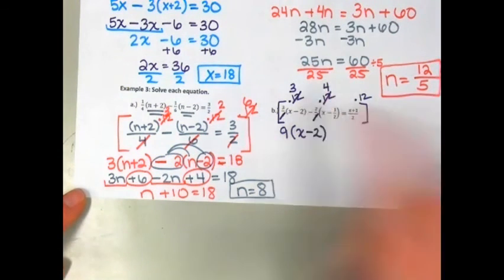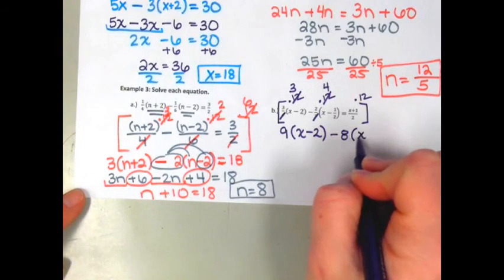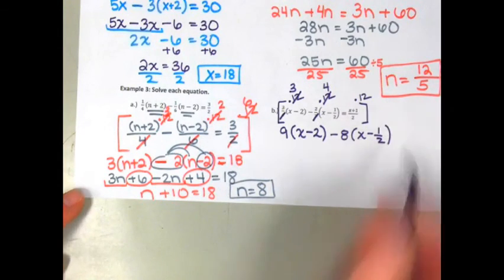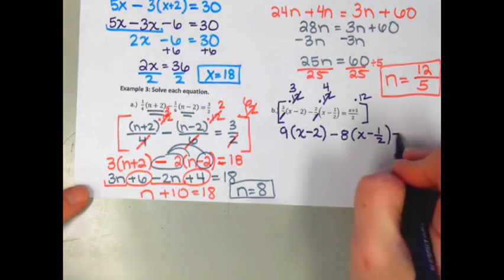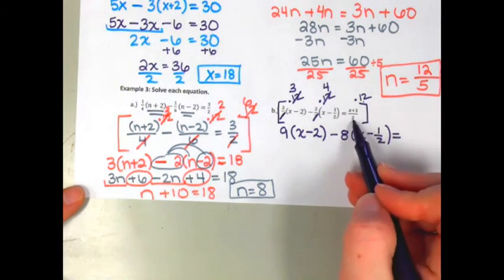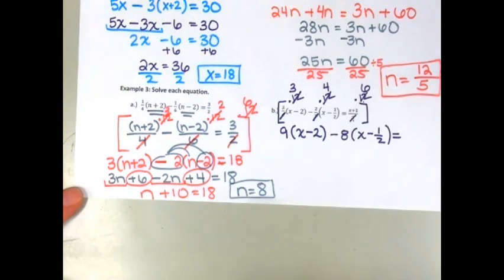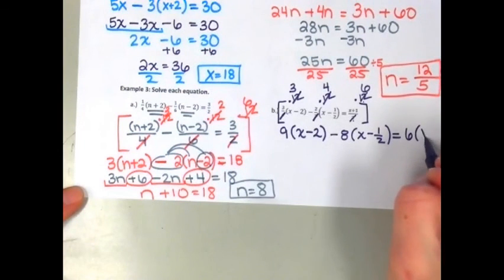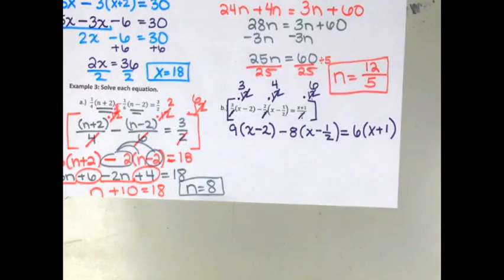So 4 times 2 is 8. And then we have this x minus 1/2. Okay. Is everyone okay with that? All right. Equals. What's 12 divided by 2? 6. So I'm going to take 6 times this x plus 1. Okay. All right. Does that make sense to you guys?